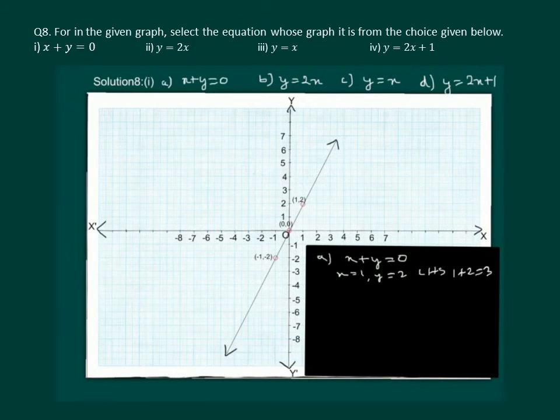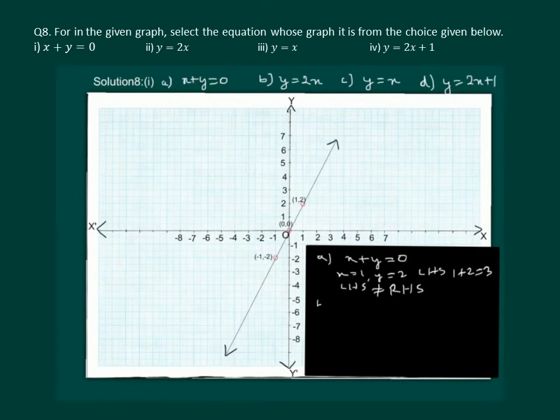But according to the equation, x plus y is equal to 0. So the left hand side is not coming out to be equal to the right hand side. That means this is not a graph of x plus y equal to 0.